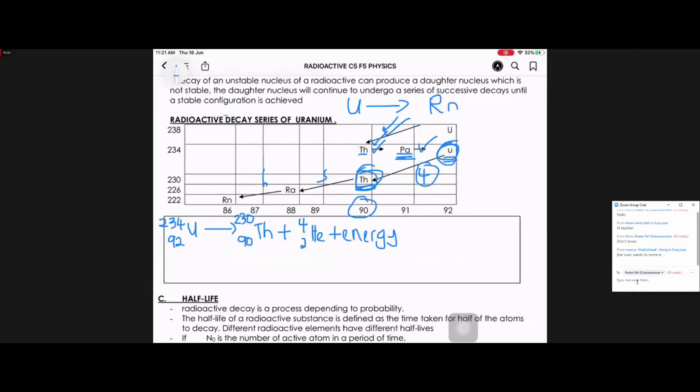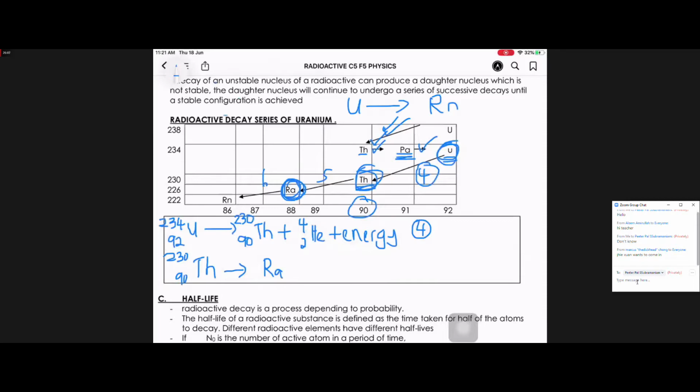Now equation 5. Let's call Sandra. Okay, we start with thorium. What is the nucleon number? 230. Proton number 90. What is the product, Sandra? Radium.